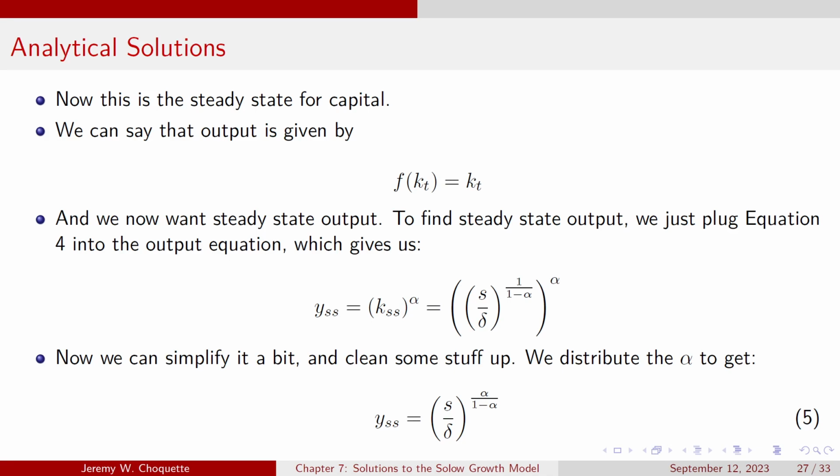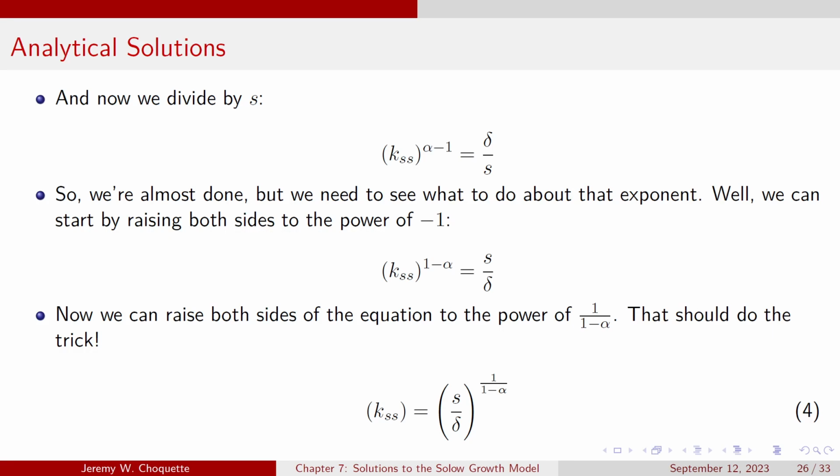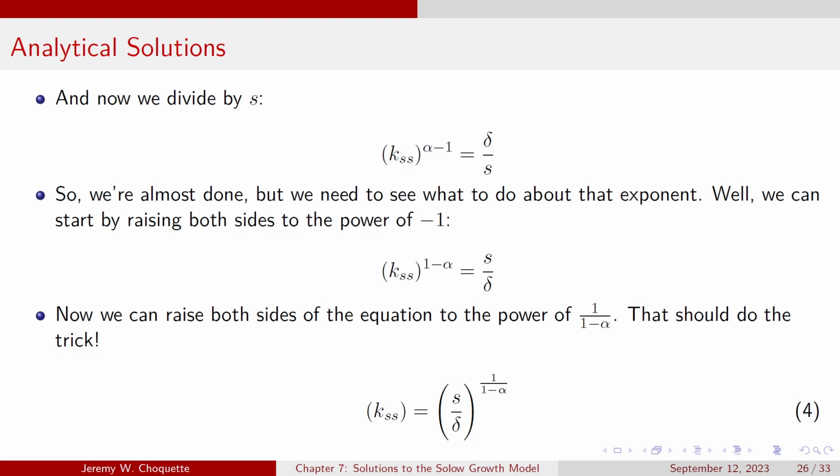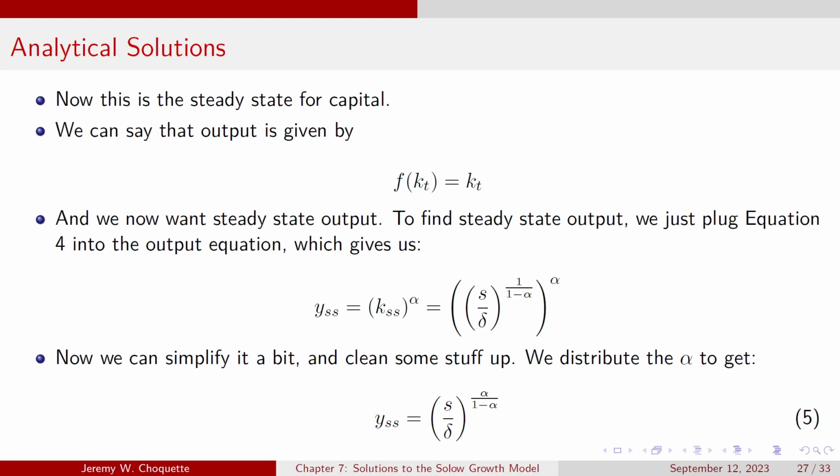Let's look at steady state output. For steady state output, all I'm going to do is take equation 4, steady state capital, and plug that in for capital into the output equation. So Y_ss equals k_ss to the alpha. Well, k_ss is s over delta to the power of 1 over 1 minus alpha.